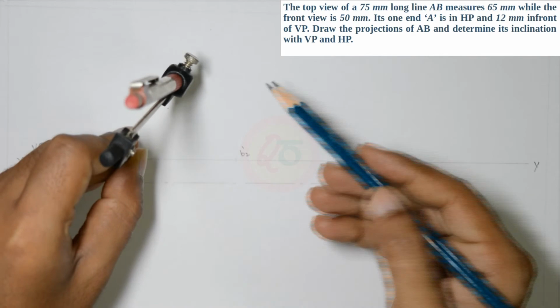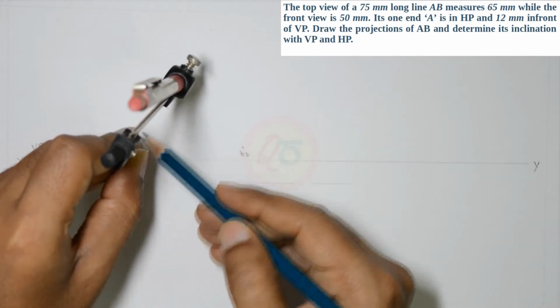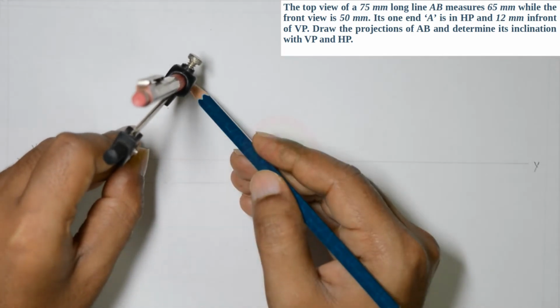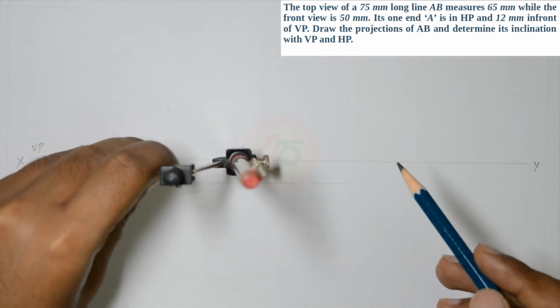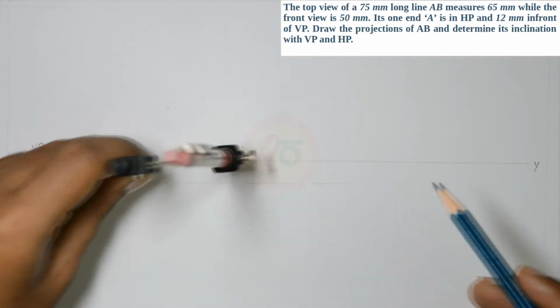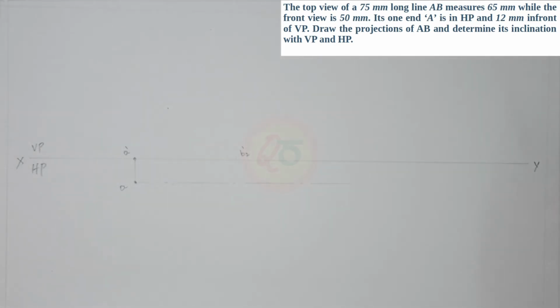Now, since this length of the arc is equivalent to the projected length, we are first trying to point out B2 dash and B1, and then we'll proceed to obtain the end result.